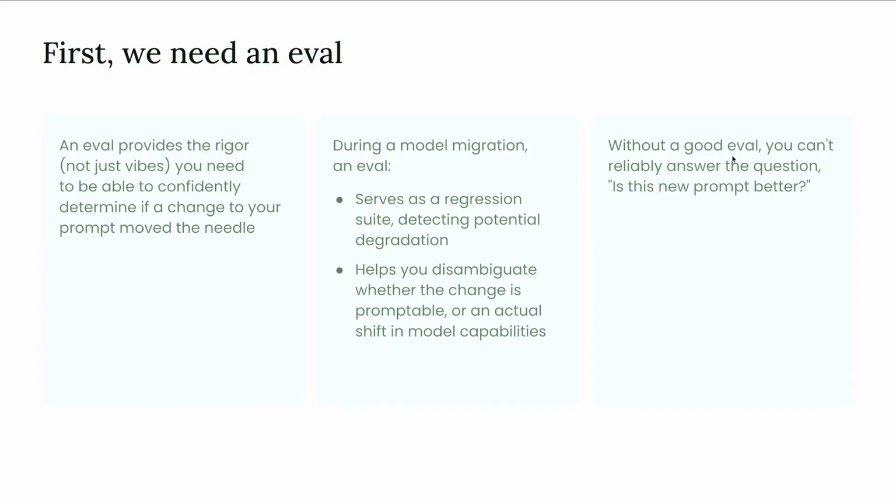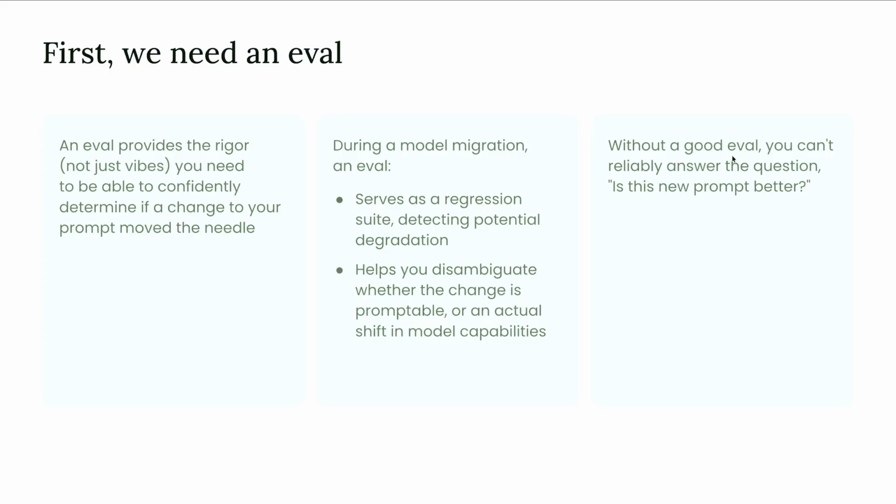Well, in order to start unpacking that question, we need a starting point, and that starting point is evaluations. We need evaluations to provide that rigor to understand whether a change to our prompt is actually correlating to an improvement in its performance. And we have different models which have different capabilities and different behaviors. When you migrate to a different model, it could be that your system is no longer working as well for two reasons.